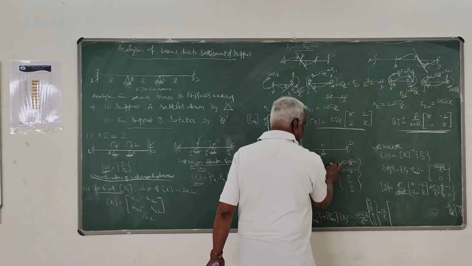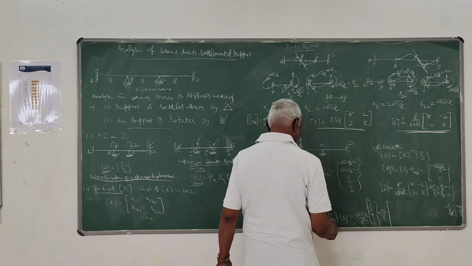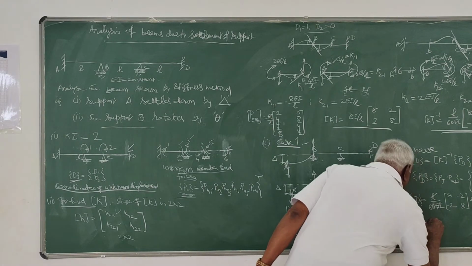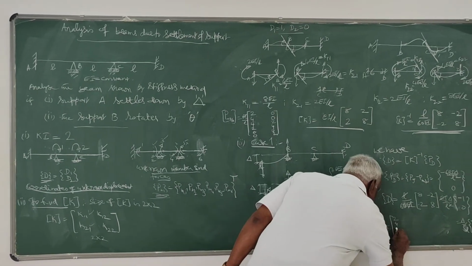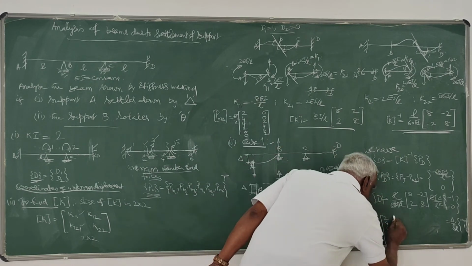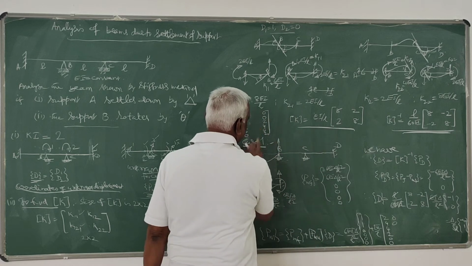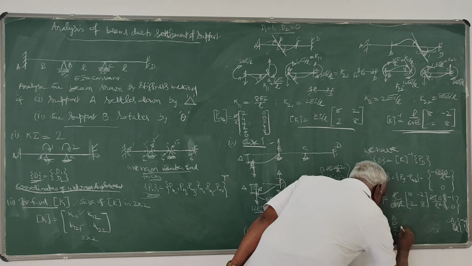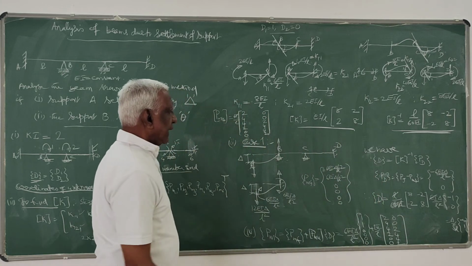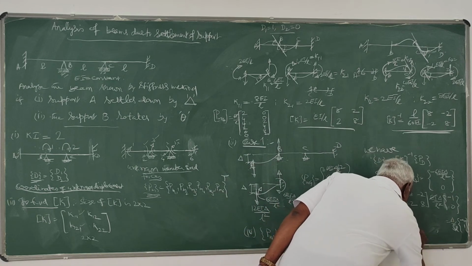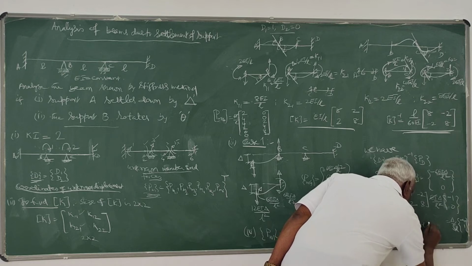So EI by L, PMU is EI by L into the matrix 2, 4, 4, 2, 0, 0, then 0, 0, 2, 4, 4, 2, 2, 4, 4, 2. This is the PMU matrix. D we have determined here, that is nothing but Δ by 5L, minus 4, 1.